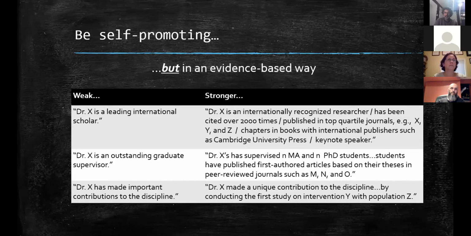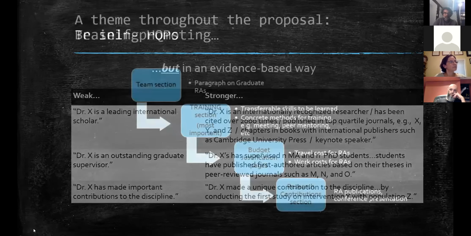It's not really helpful if someone says they're an outstanding graduate supervisor, but what's helpful is if you can say you've supervised X MA students, X PhD students, for example, that you've published with your students, or your students have published from their theses in the past, that's great. So yes, be self-promoting, but it all has to be immediately tied to some facts.